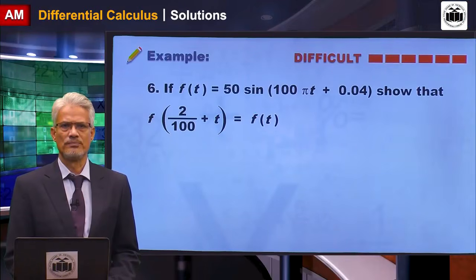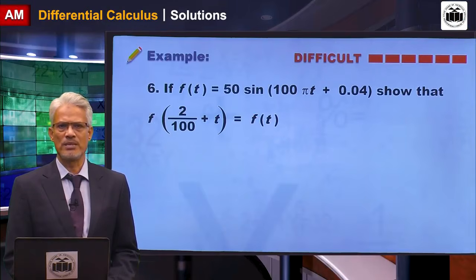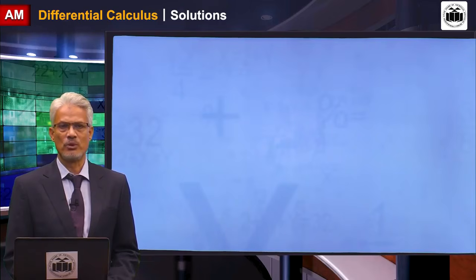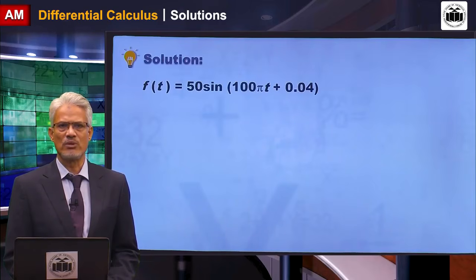Now question number 6. Your question is, if f(t) = 50 sin(100πt + 0.04), then show that f(2/100 + t) is equal to f(t). Look at the answer. Since f(t) is equal to 50 sin(100πt + 0.04), we are substituting 2/100 + t at each and every place of t.